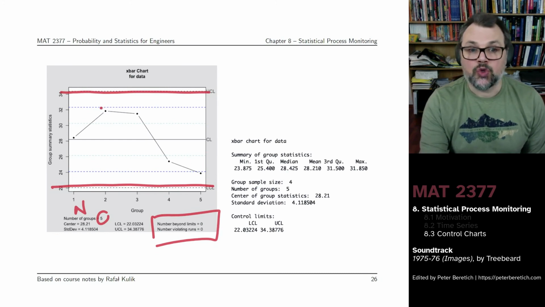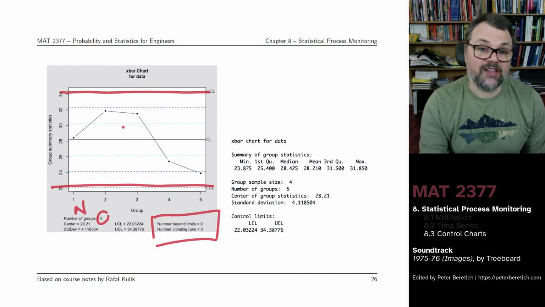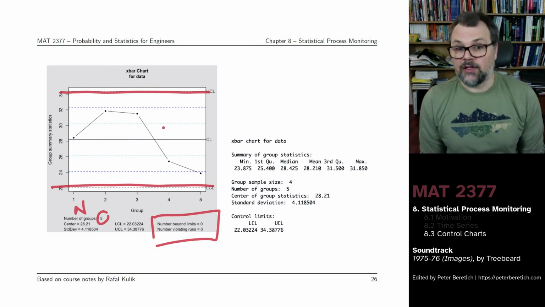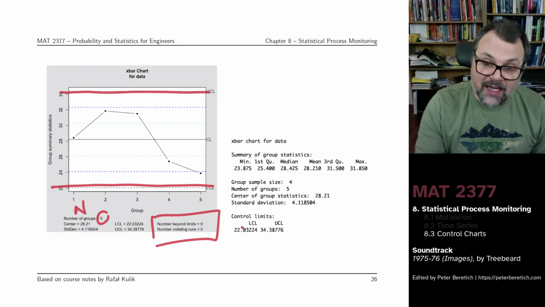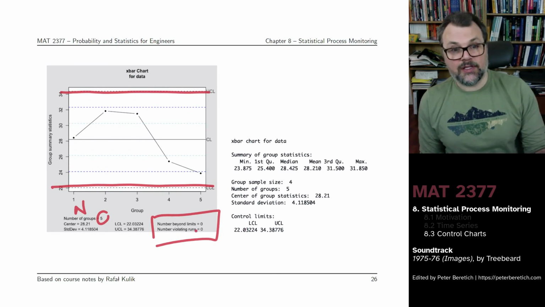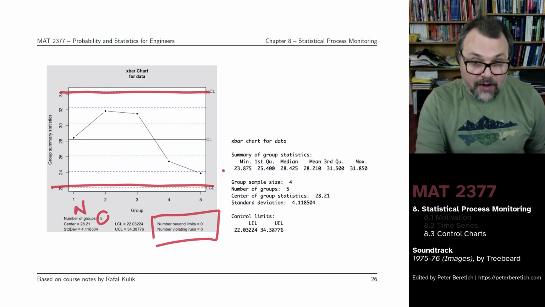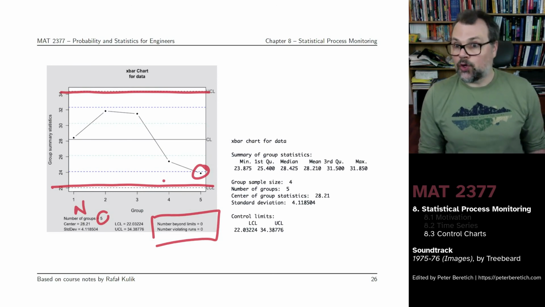Presumably, if you had too many increasing values, or too many values above the grand mean, the center line, this would be flagged by the routine in R. So if you just look at the sample means here, nothing seems out of the ordinary. Although, to be fair, that last observation has crossed the second warning line.